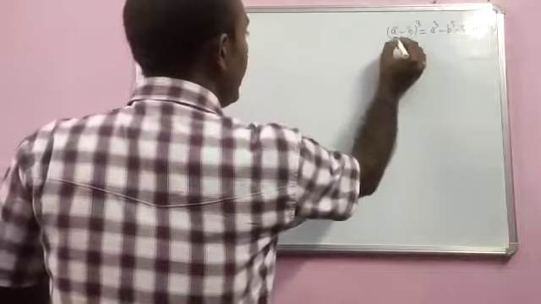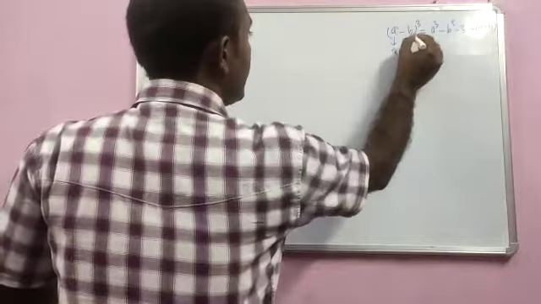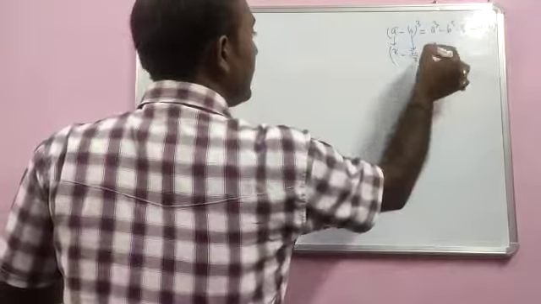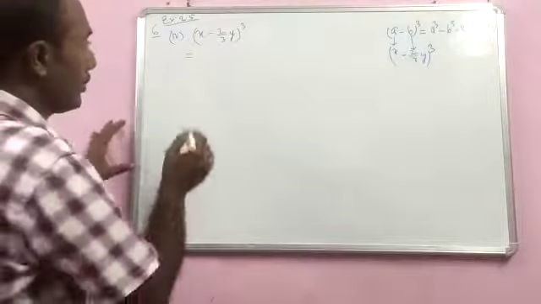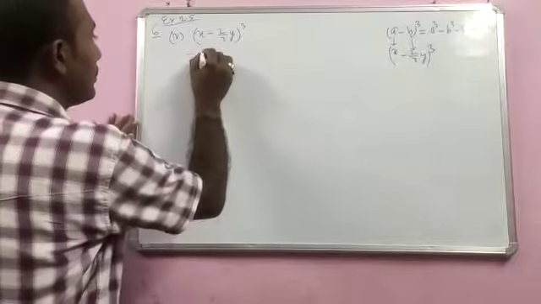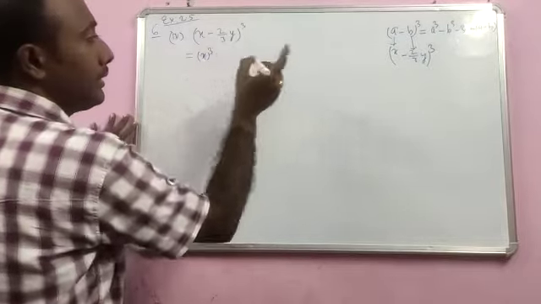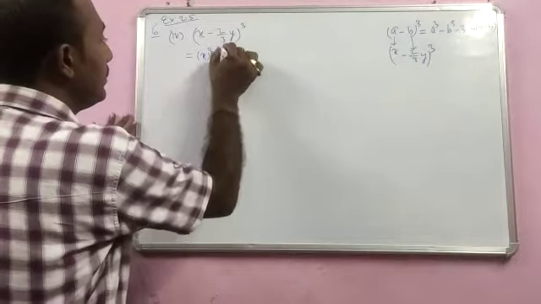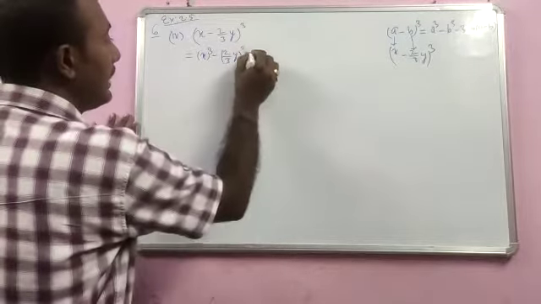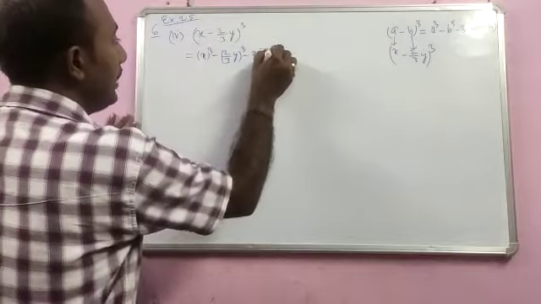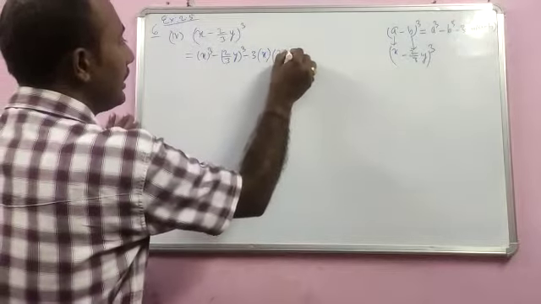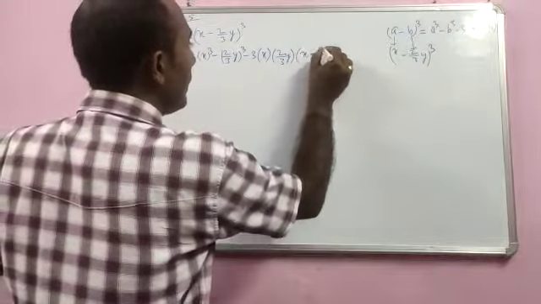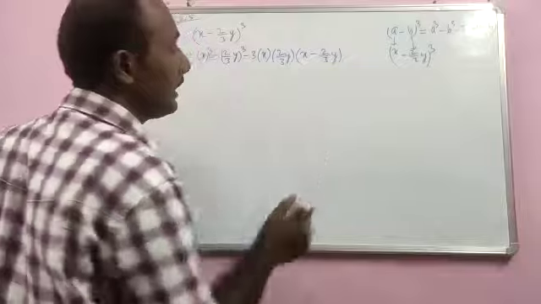What is in place of a here? In place of a we have x, and in place of b we have 2 by 3y. So then this becomes (a minus b) whole cube. The formula says a cube, so x cube, then minus b cube, so (2 by 3y) cube, then minus 3ab, 3 into a which is x and b which is 2 by 3y, into (a minus b), so (x minus 2 by 3y).